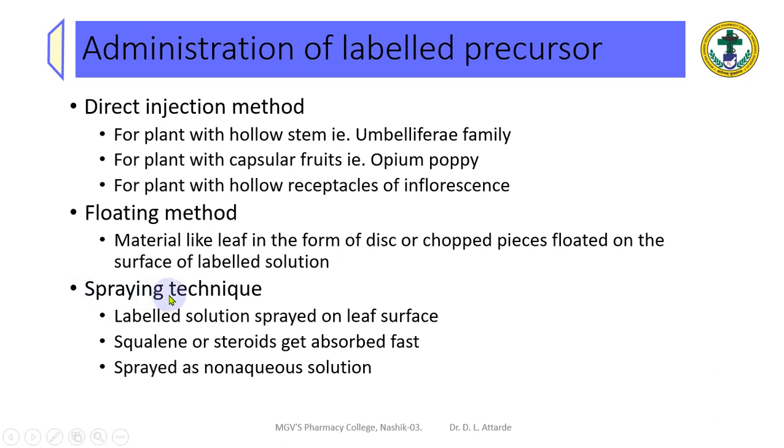Spray on technique: your solution is sprayed directly over the leaf surface, so it gets absorbed. Especially squalene or steroids get absorbed faster, so they can be administered to check whether they are the intermediates for the formation of different types of metabolites, and the solution prepared for spraying is in the non-aqueous phase. So all these 6 techniques are about administration of precursor inside the plant body.